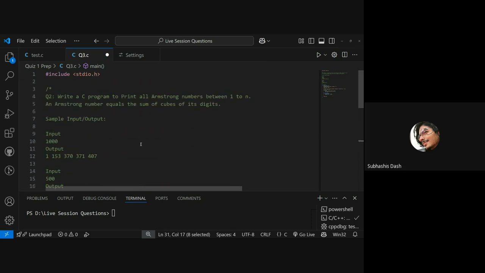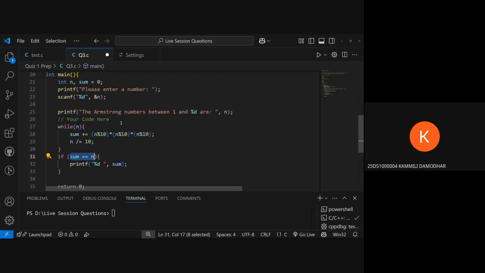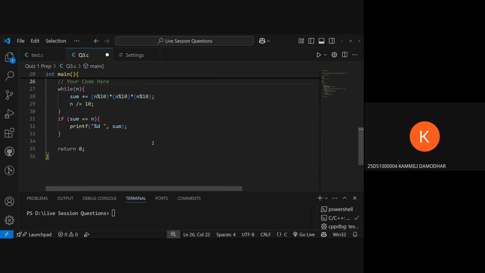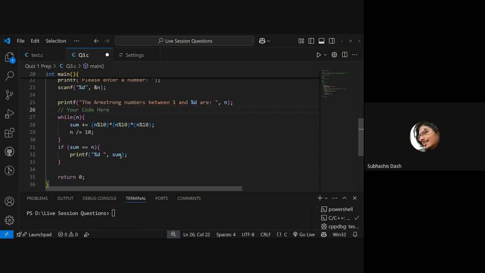But our n becomes 0 after the while condition. So now we have finished one part of it. We have figured out how to find whether something is an Armstrong number or not, and if it is, we are printing it. Otherwise, it is not doing anything.